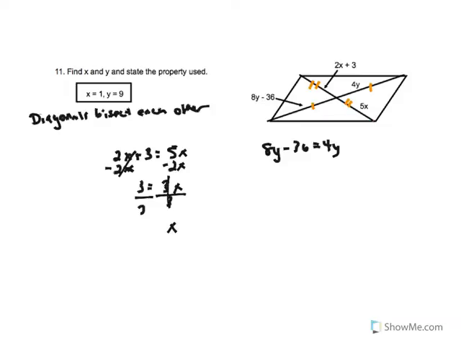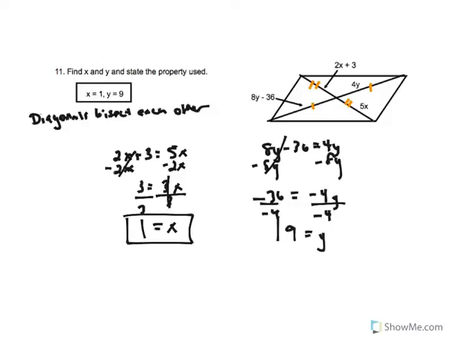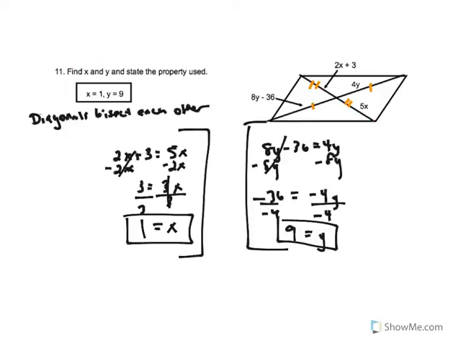And we get x equals 1. Over here we solve for y. And we get y equals 9. So here, even though we had two variables, the y's were together and the x's were together. So we did not have to set up a system of equations. We just solved x over here and solved y over here.